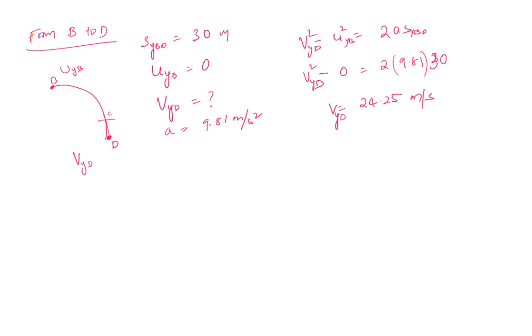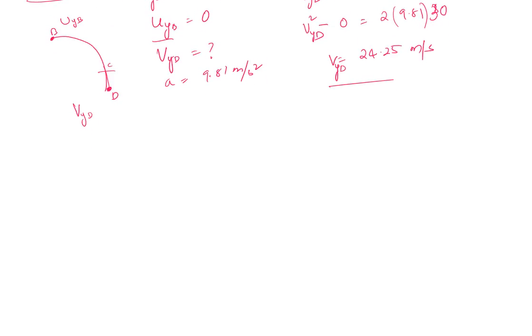Okay. Now we know the initial and final velocity, we can find the time. So let's find the time. v minus u equals at.